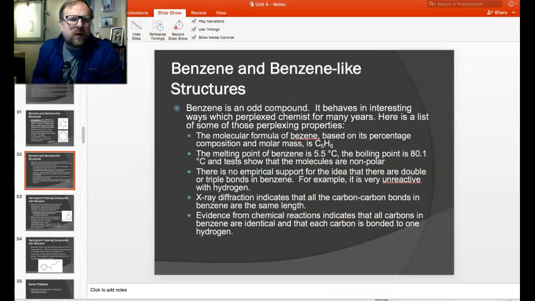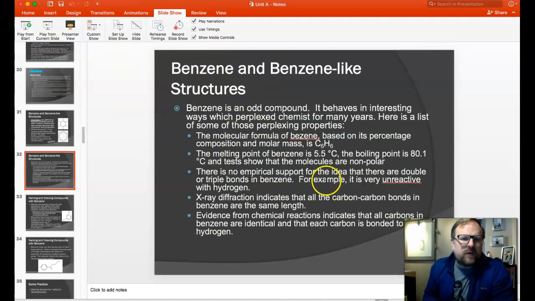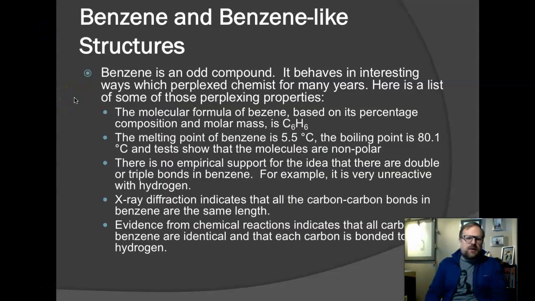So here's where we left off. I said to you that benzene is a bit of an odd structure, and it took a while for chemists to get an idea of what benzene is all about and why it behaves the way it does. It perplexed them for a number of years.